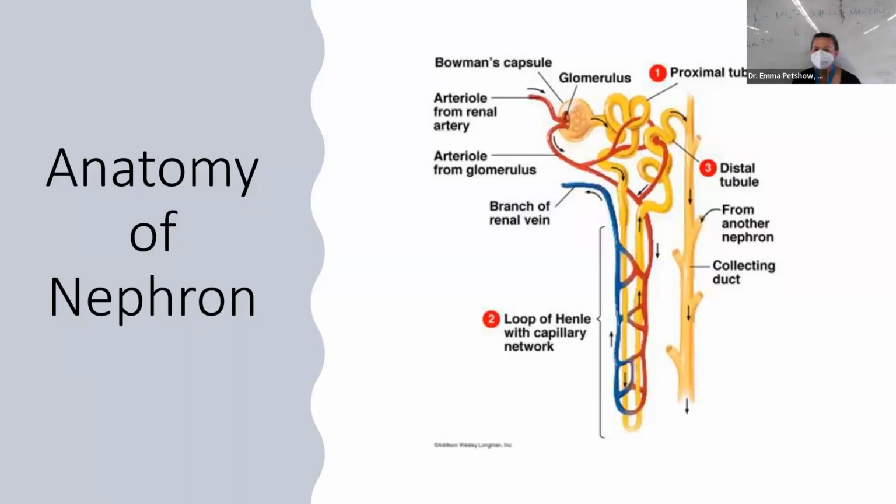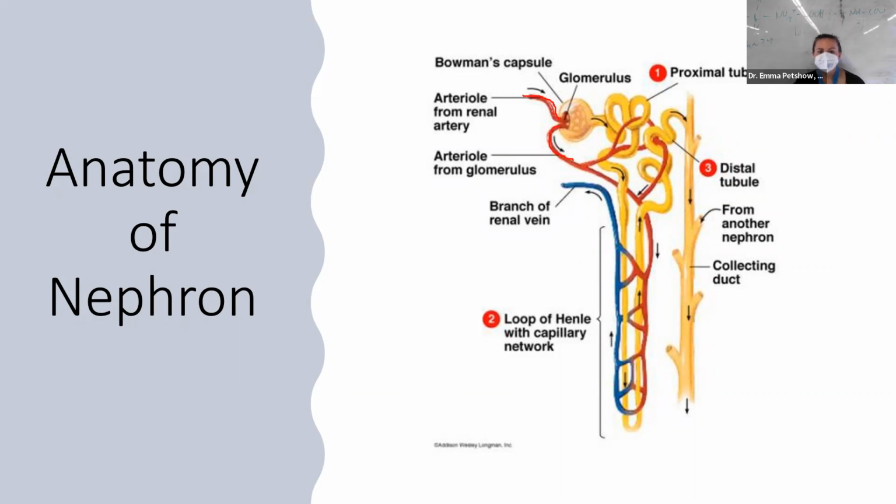So to get us started, to make sure we're all on the same page, we're just going to look at the anatomy of a nephron here. Again, remember, we're looking at the microscopic anatomy of a kidney. So we have Bowman's capsule, we have our arterioles that come from our renal artery coming in here. Our arteriole comes from the glomerulus coming out, right? So we have blood flow going in and blood flow going out.